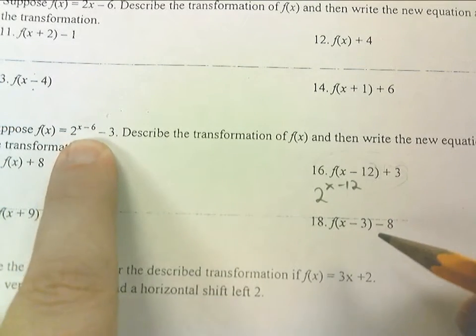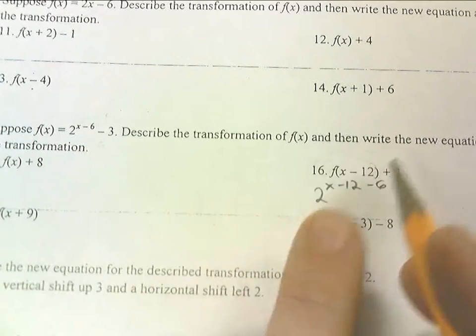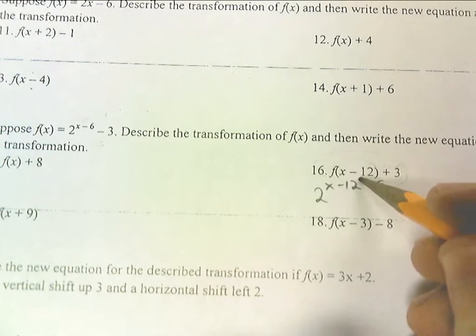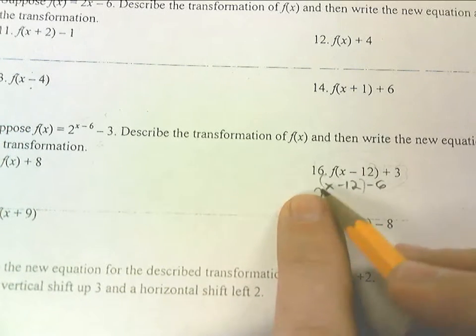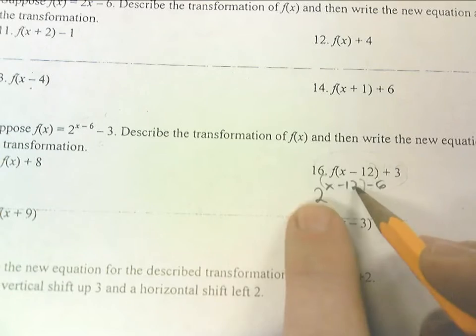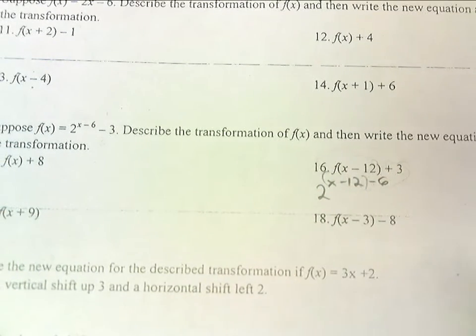But again, there's already a negative 6 there. So that negative 6 is still going to stay there. That's still a part of my exponent. Okay, I could put that in parentheses. It doesn't really hurt, but it's not going to distribute or anything here because we're not multiplying a negative 6. We're subtracting negative 6 from x minus 12. So we would end up dropping the parentheses and combining like terms when we get to that point anyway.